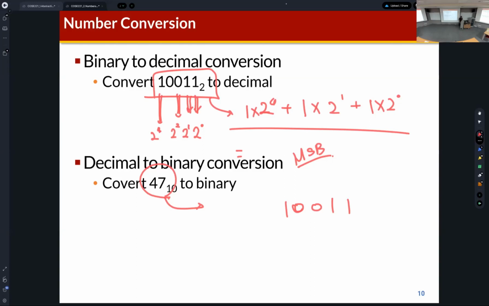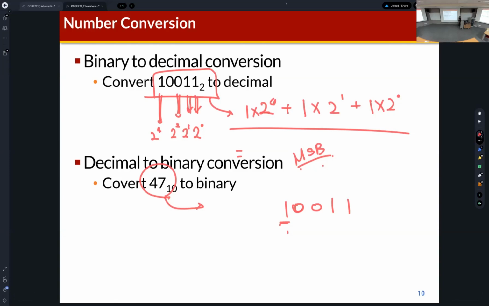What is the meaning of significant? Important, right? The magnitude of this bit is the largest, so this bit is the most significant bit, called the MSB.